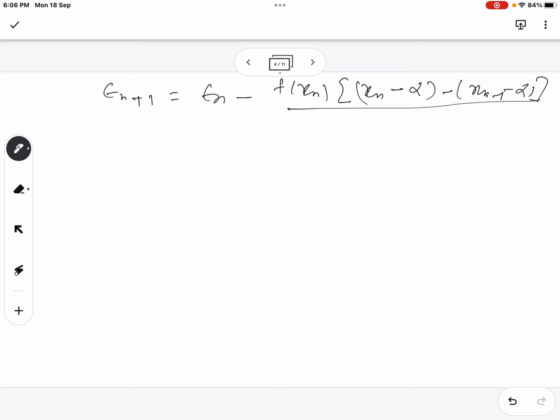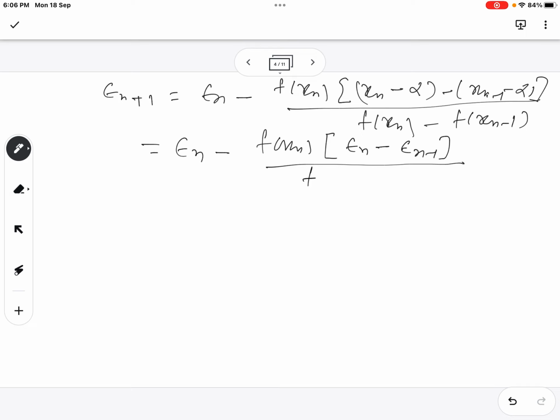So I can write it like this, divided by f(xn) minus f(x(n-1)), or the nth error can be written like this: f(xn) into (nth error minus (n-1)th error) divided by f(xn) minus f(x(n-1)), and taking this as an LCM we can solve it.